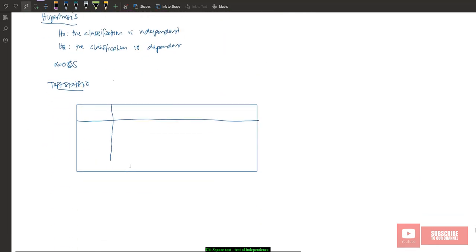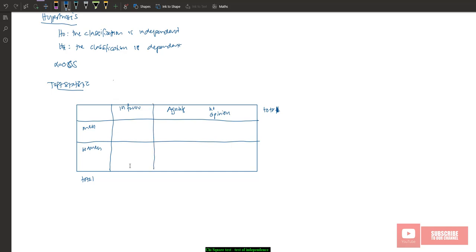So this one should be our first column, in favor, and this is against, and this is no opinion. And the last one we have total here, and the rows are man and woman, and the last one is total, right? Let's do it this way for us to calculate the values.